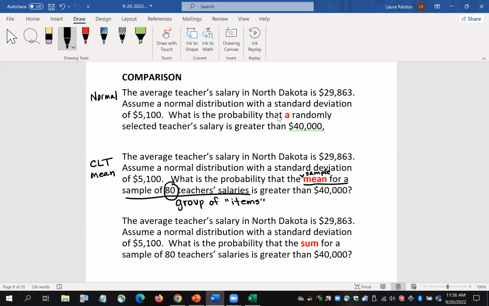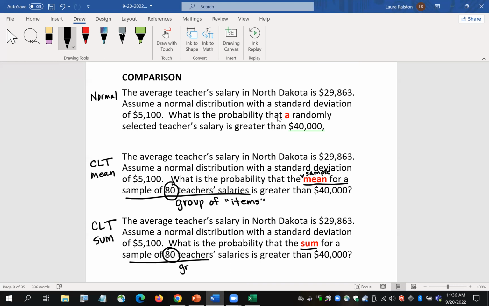Now, for future reference, because we're going to get there a little bit later today, this last one is the central limit theorem for the sum. It says the average teacher's salary in North Dakota is $29,863. Again, we're going to assume it's normal with a standard deviation of 5,100. What is the probability that the sum for a sample of 80 teachers' salaries is greater than 40,000?